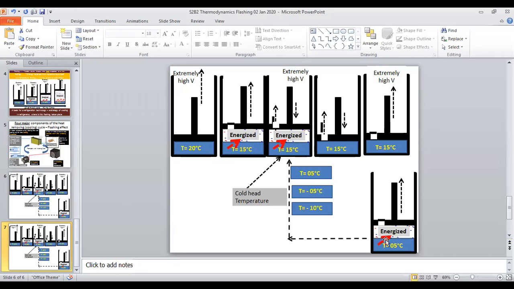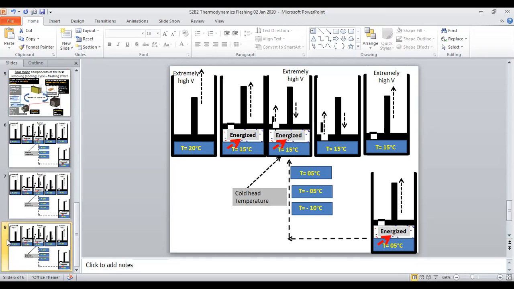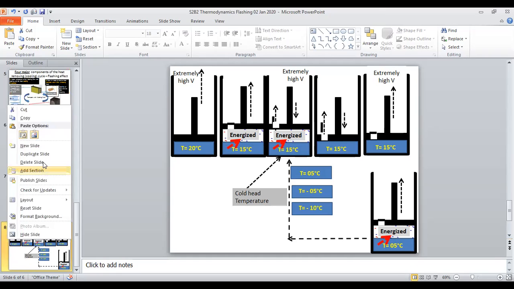When high pressure liquid gets exposed to low pressures. Let's see one more flashing example then. New slide.